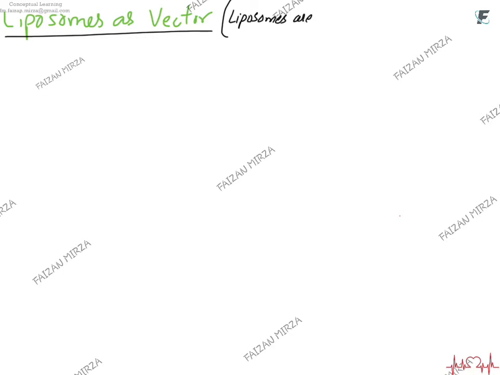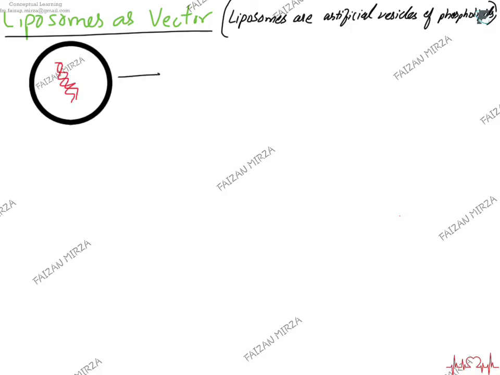Now, the next thing that we are discussing here is liposomes and how they are used as vectors. What are liposomes? Liposomes are vesicles of phospholipids. They are very similar to Golgi vesicles. These are made from phospholipids, and these vesicles can carry the nucleic acid, the gene.